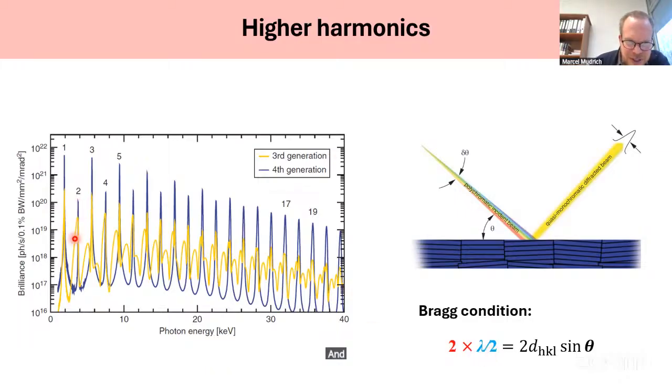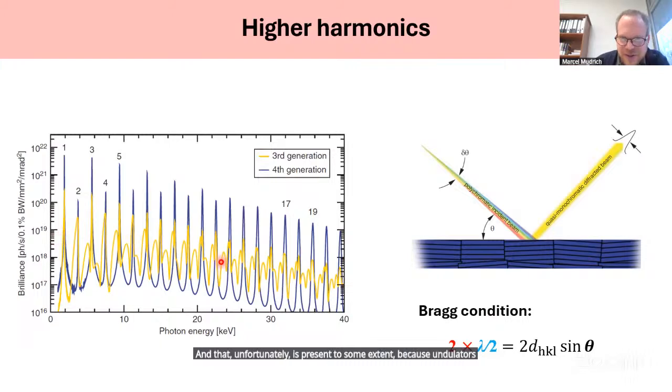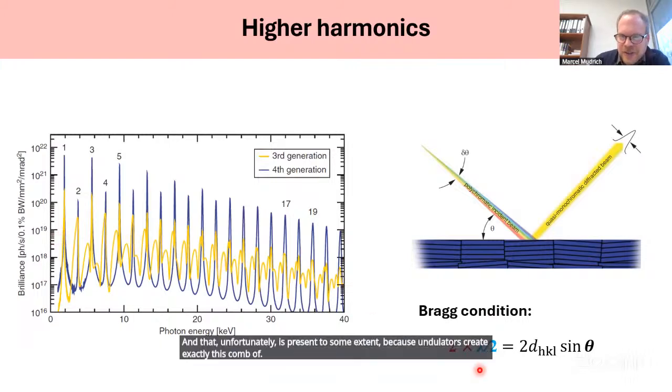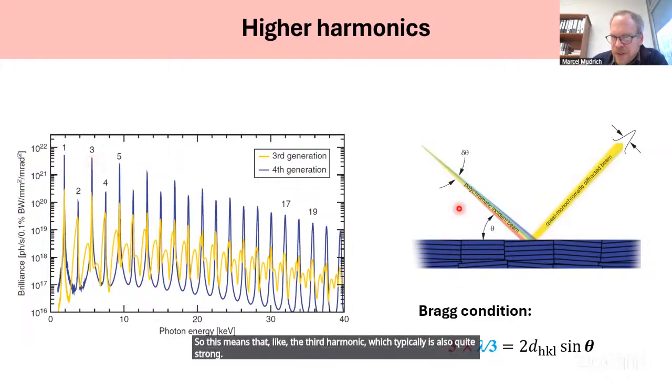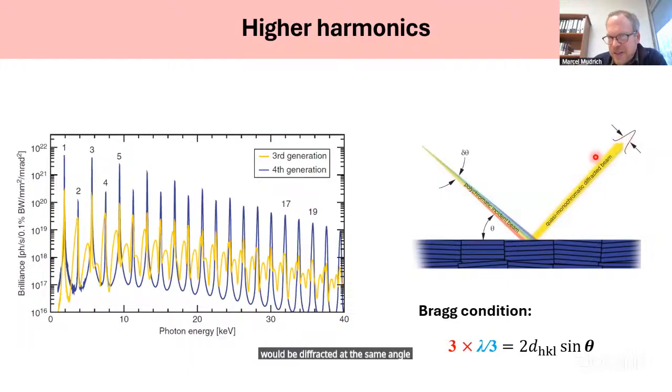And that unfortunately is present to some extent, because undulators create exactly this comb of half wavelengths, third wavelengths, quarter wavelengths, and so on. So the third harmonic, which typically is also quite strong, would be diffracted at the same angle and propagate on through the beamline at the third diffraction order of the grating.